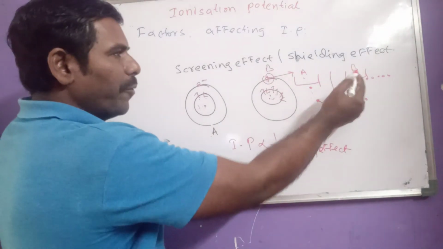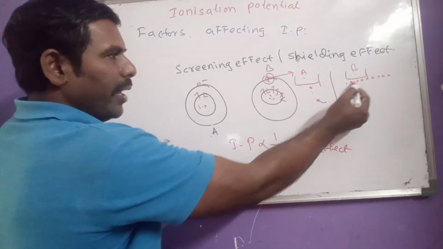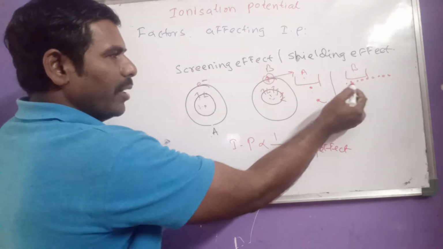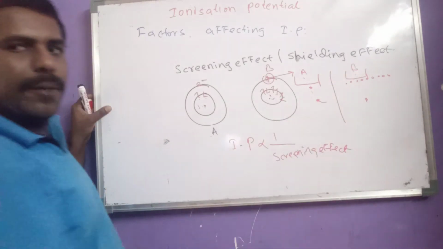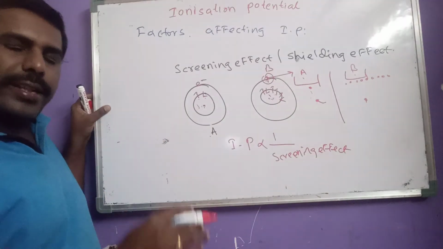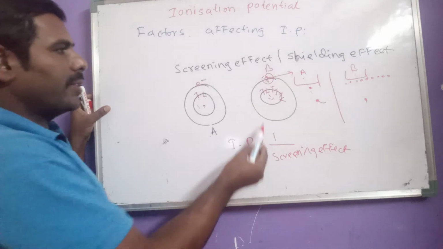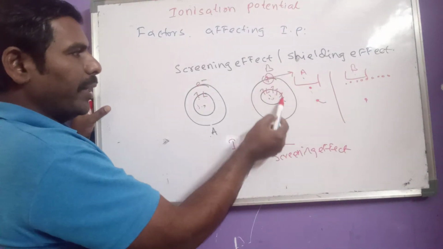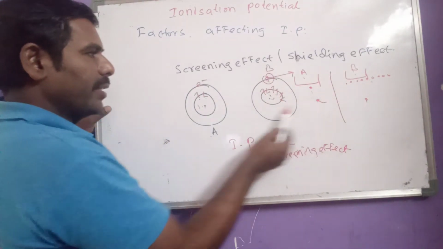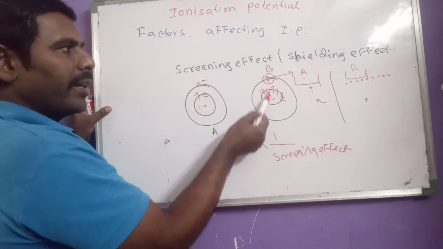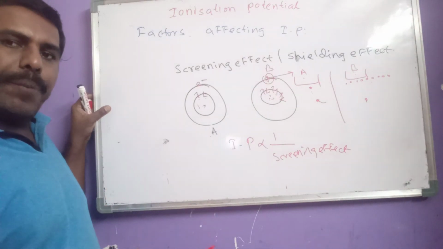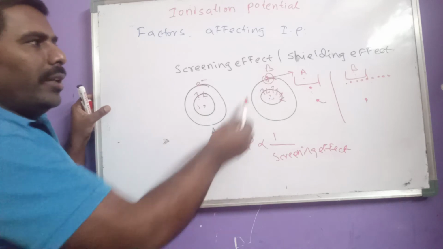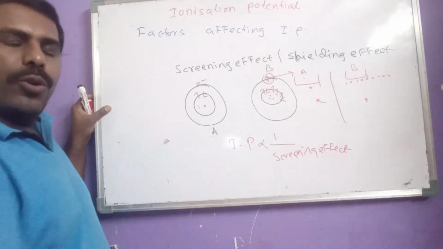But in court B, as there are more goalkeepers, the probability of the ball reaching the goal post is less. Similarly, as the inner orbital electrons increase, the nuclear attraction may not reach the outer orbit completely, so this electron could be removed easily.